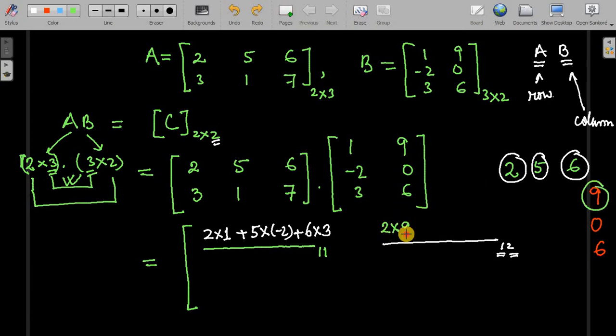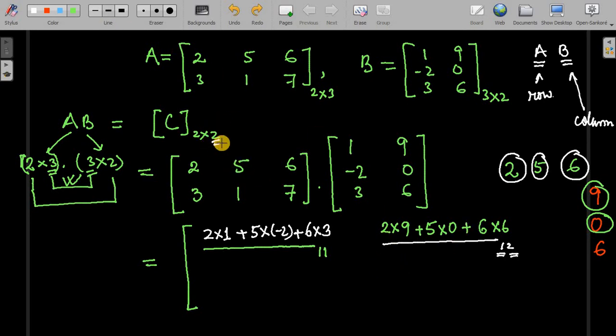So 2 is multiplied by 9, and similarly the second element of the first row is 5 and the second element of the second column is 0. So 5 is multiplied by 0, and lastly the last element of the first row is 6 and the last element of the second column is also 6. So 6 is multiplied by 6, and then we should add the products.